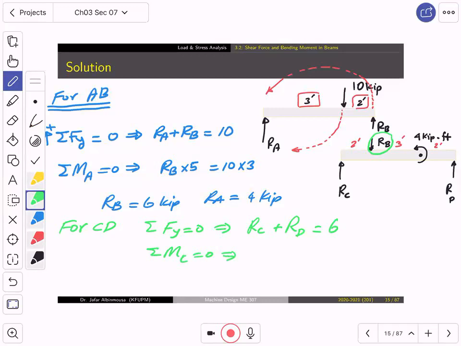And therefore, I will have RD multiplied by 7. Is that correct? Do you see the 7, guys? Yes. This is RD. This distance is 7. It is 2 plus 3 plus 2. Now, which is plus 4. What is 4?